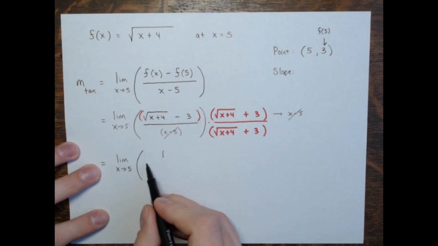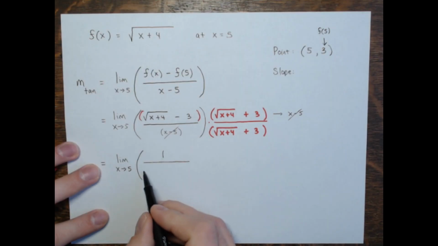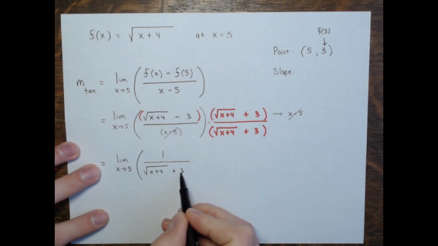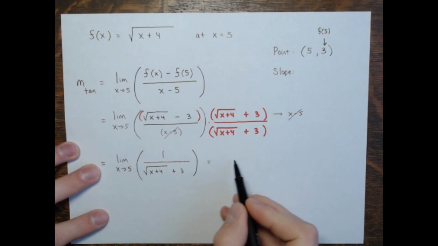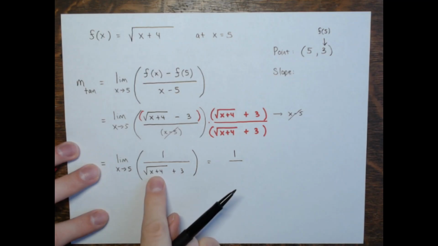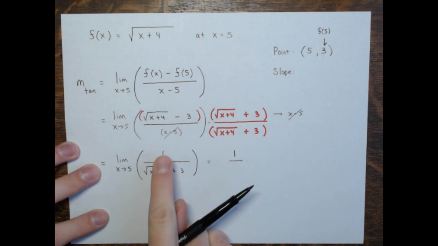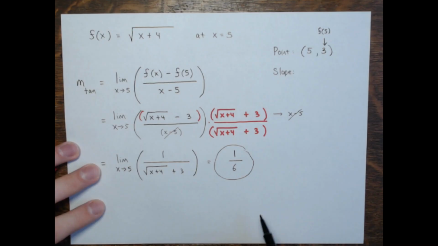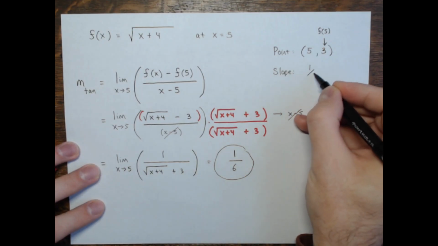So I have 1 left over in the numerator, and then that conjugate, square root of x plus 4 plus 3 down here, and that's 1/6. Right, because when I plug in 5, this would be the square root of 9, which is 3. 3 plus 3 is 6. You got 1 in the numerator, 6 in the denominator for this limit. So the slope is 1/6.